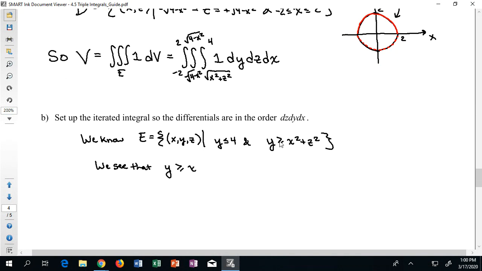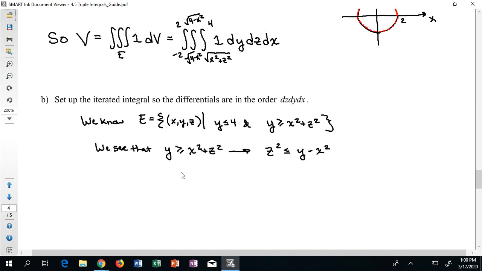If y has to be greater than or equal to x squared plus z squared, and I manipulate this, that should automatically give me that z squared is less than or equal to y squared minus x squared. Notice I just moved the x squared to the other side and flipped the inequality. If I square root both sides, I have to be a little bit careful.